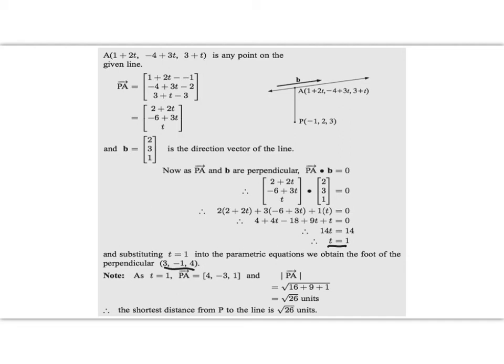And if we wanted to find the length of the line at that point, we would use the Pythagorean theorem, or magnitude, and we'd get 3 squared plus 1 squared plus 4 squared, which equals radical 26. That's the shortest distance from P to the line.